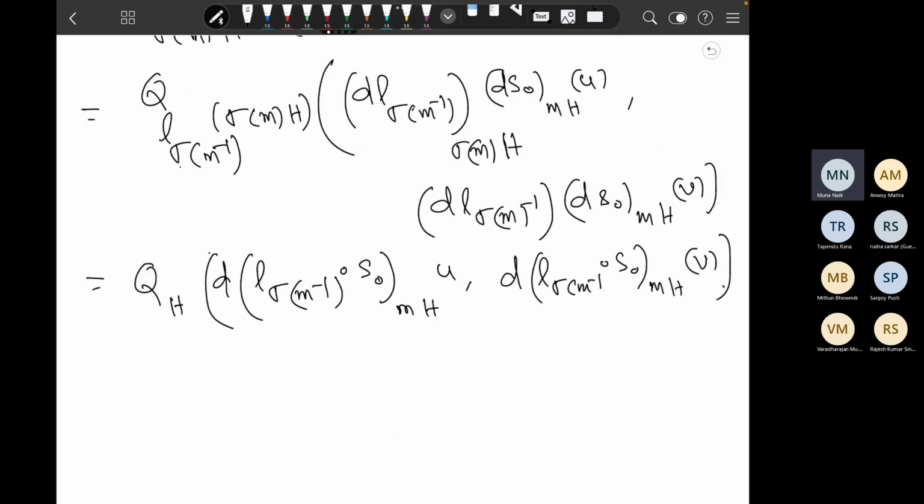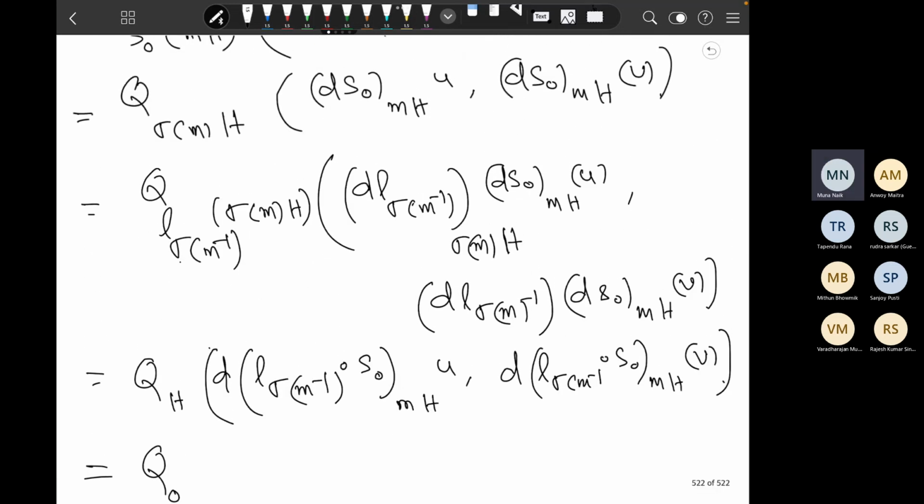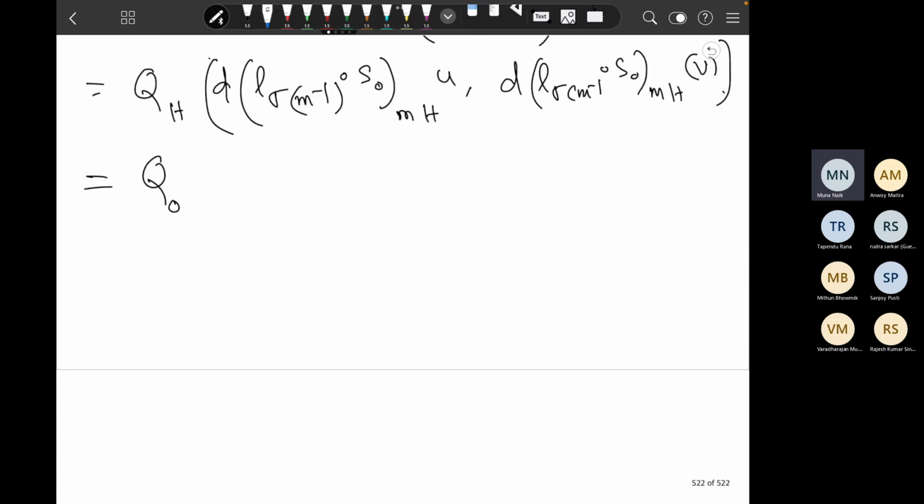Now H is equal to O. I can write O. I have a relation in the previous case, this double star. If you use this, in place of G there will be a G inverse over there. So that will be S0 composition LM inverse.